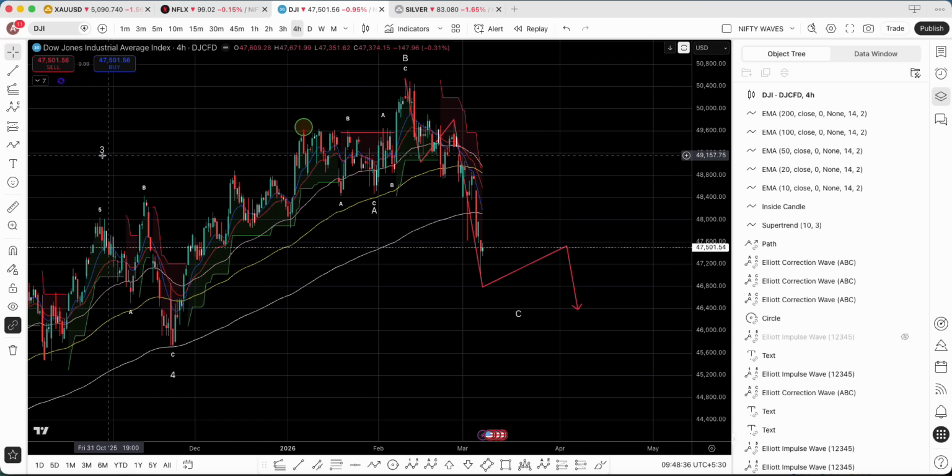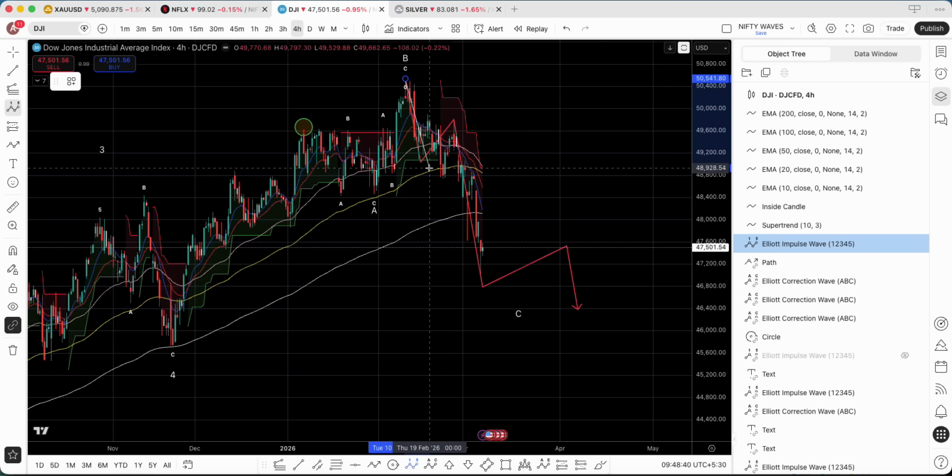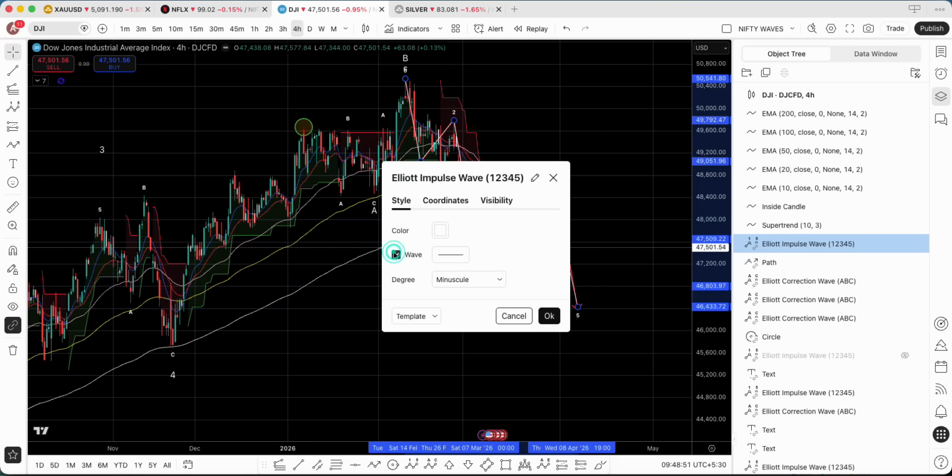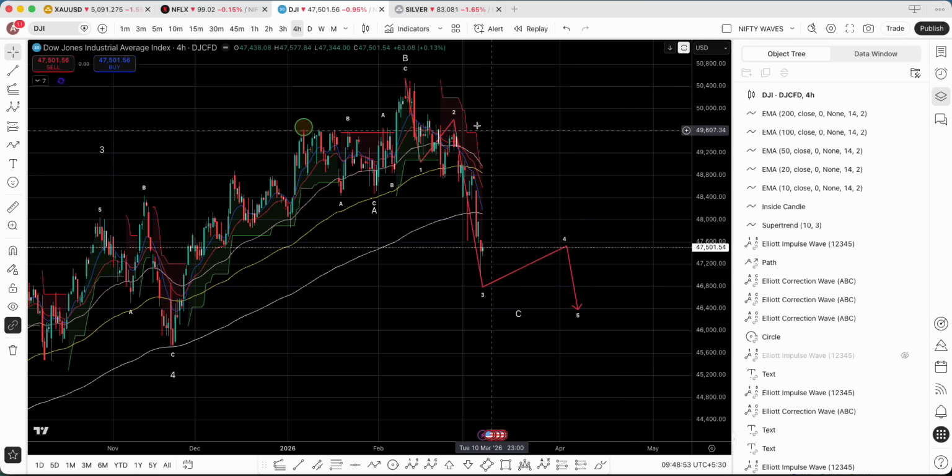This is how it would kind of play out. This is the kind of structure we're looking at the moment.